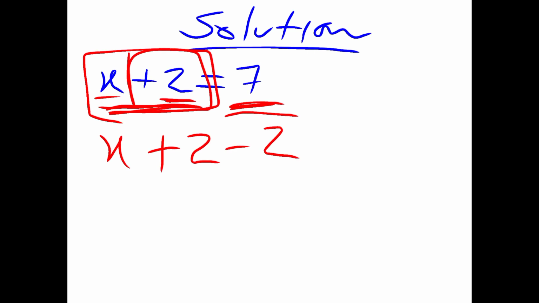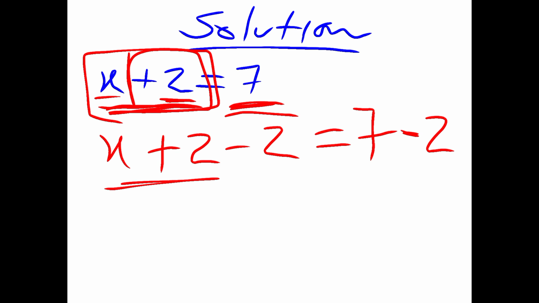Therefore plus 2 and minus 2 is equal to 0, is equal to 7. Is this equation balanced? We have subtracted this 2 on LHS, so in order to keep the equation justified, we have to subtract 2 from 7 on RHS.